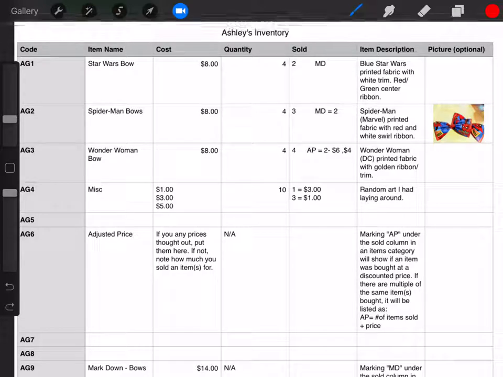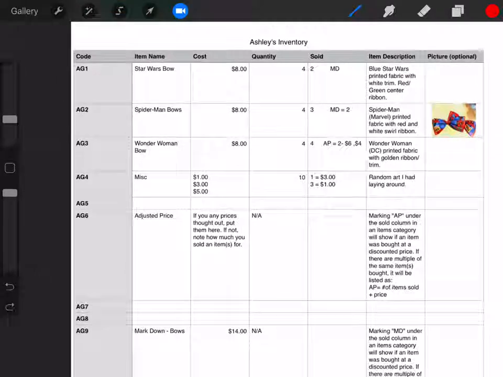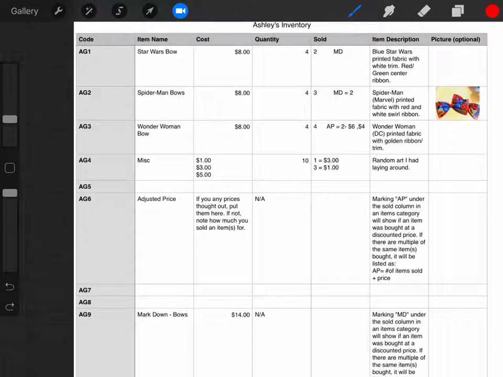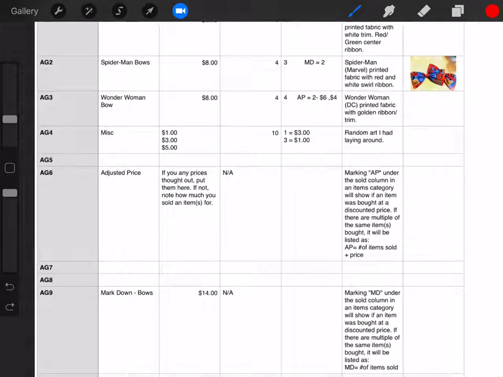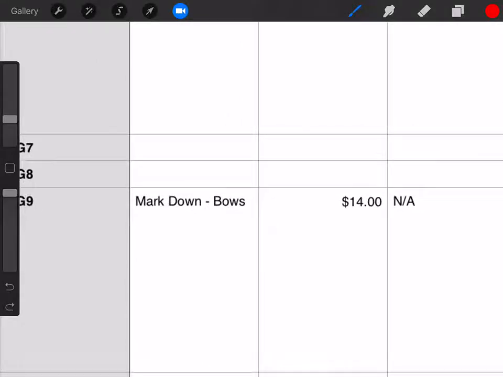Now, I did say we were going to talk about keywords. I'm a very detailed person. I like to have things written out. It's very important that I explain it so that I don't confuse anybody. It might come off as a little bit confusing, but I will try to be as specific as I can. With the keywords I use, for example, I have markdown bows.